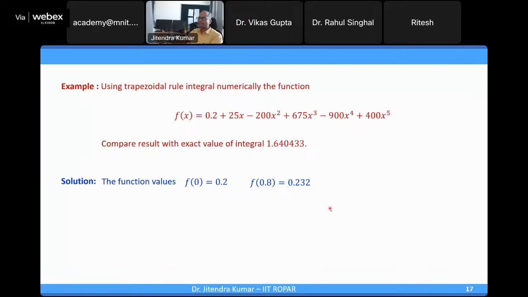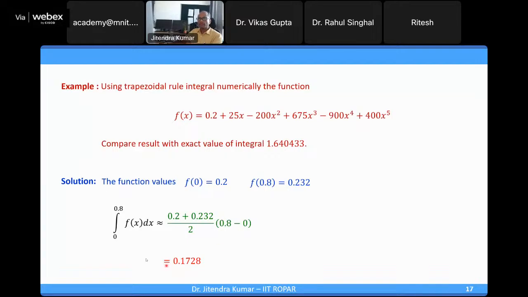The value of f(0.8) you can get is 0.232. And if you integrate this, the approximation will be 0.1728. And then you see the exact value, which you can easily get because it itself is a polynomial, is 1.640433. And this is far from the exact value.